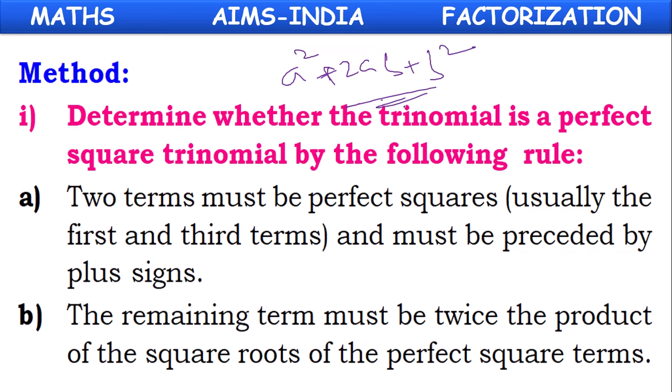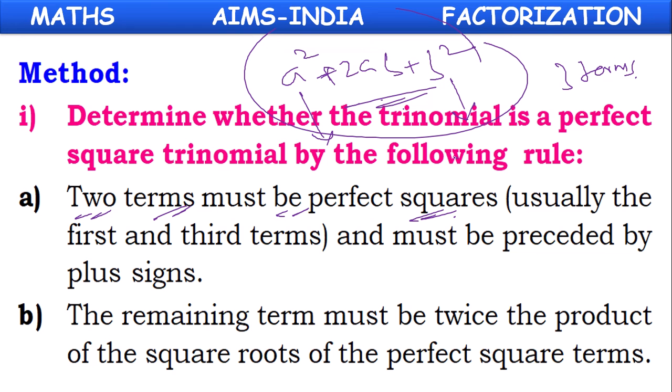Is it a perfect square or not means 2 terms must be perfect squares. In the given 3 terms, usually the first term and last term must be perfect squares and must be preceded by plus sign. A square, before it there is nothing, means we can take it as plus a square.